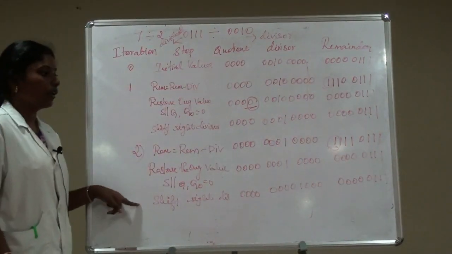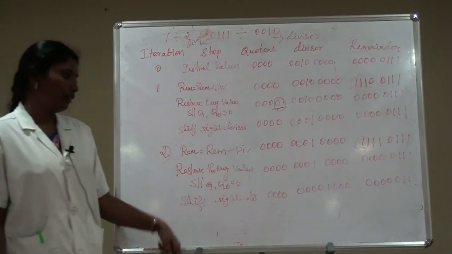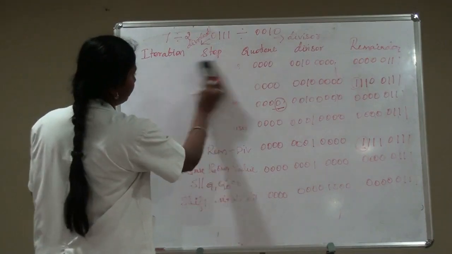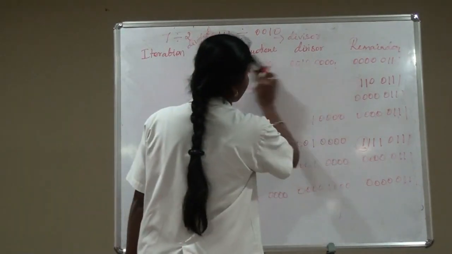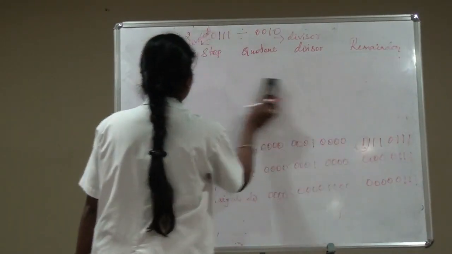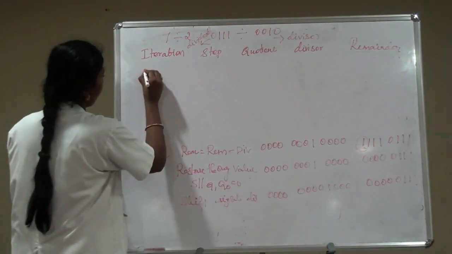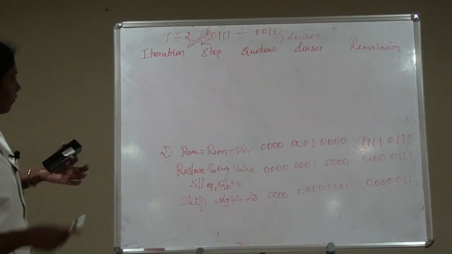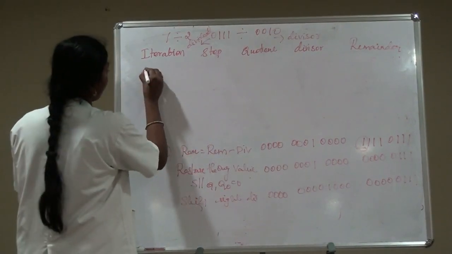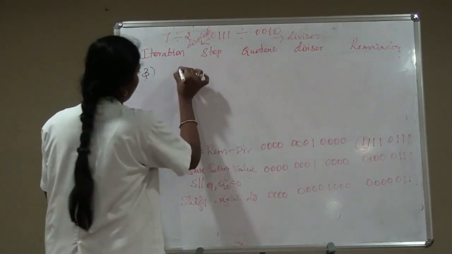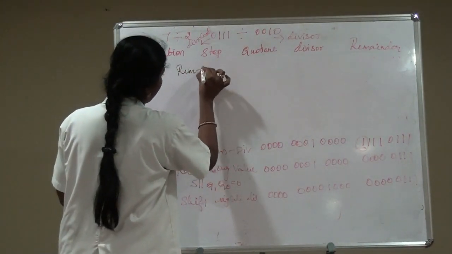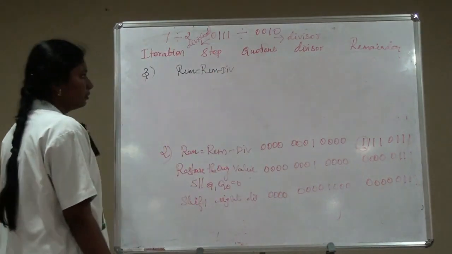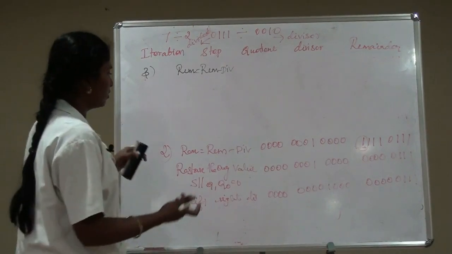This is my second iteration's result. I have to shift right the divisor register. The third iteration also has to perform these steps. So again I have to subtract the remainder and divisor value.